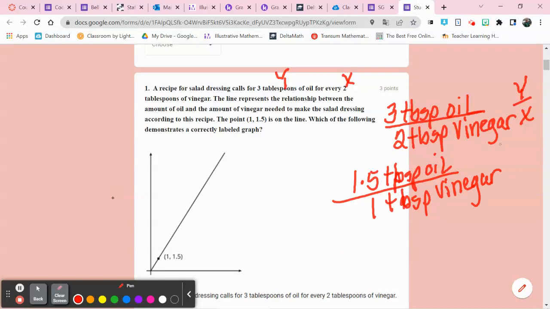And still y over x. Why do I do that? That tells me how to write my equation: y equals 1.5 with x behind it. That way, if they're using different letters and you set it up this way, you know how to do it. All right.